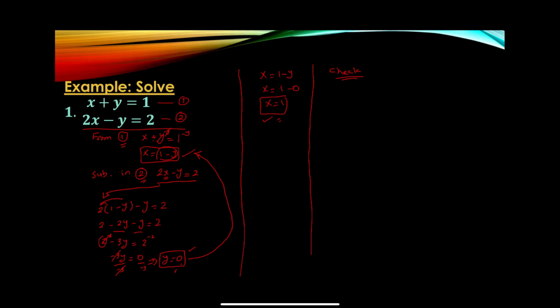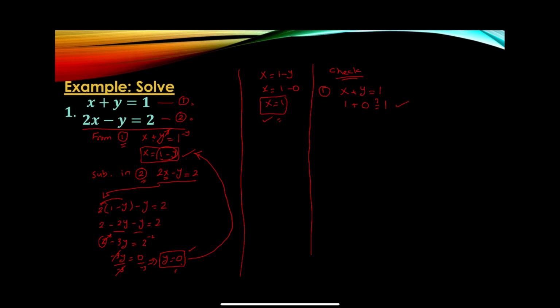Now, in order to check, we should substitute in both equations, equation number 1 and equation number 2. For equation number 1, x plus y is equal 1. Instead of x, I write 1. Instead of y, I write 0. Is 1 plus 0 equal to 1? Yes.